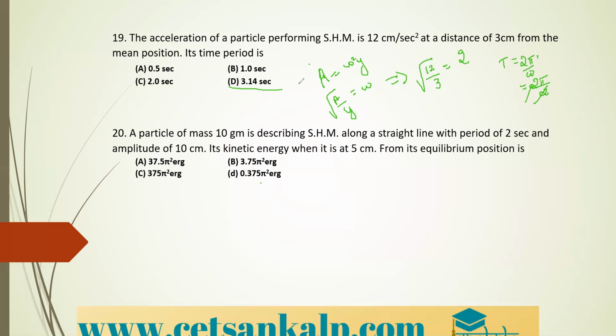So we have a direct formula. Kinetic energy is equal to 1 by 2 m omega square into bracket a square minus y square.